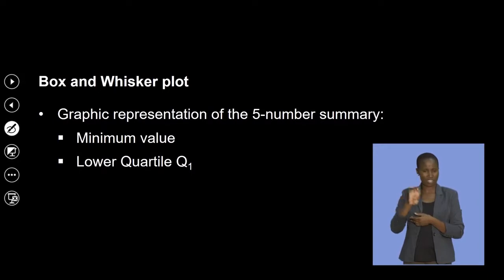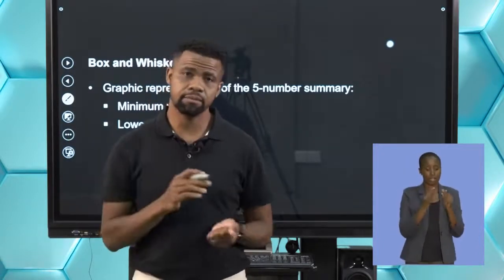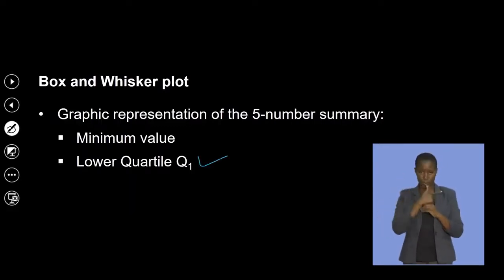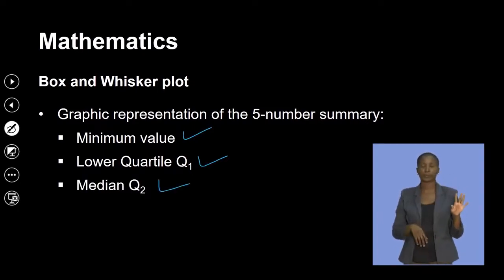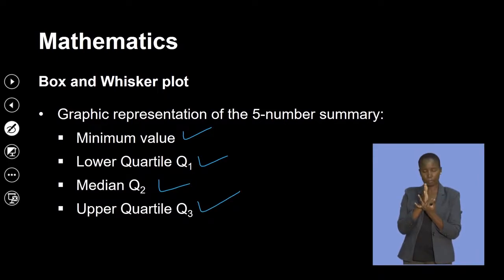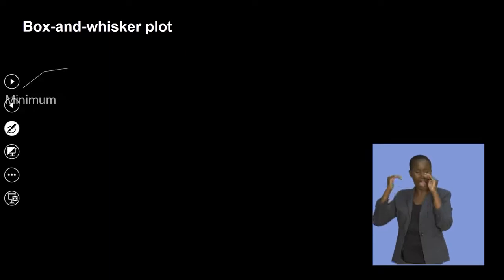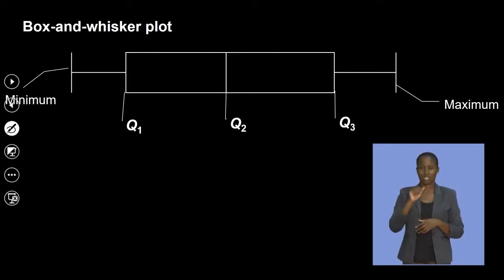The box and whisker is just a way of displaying the 5-number summary from the smallest to the highest number: the minimum value, Q1, the median, the middle one, the upper quartile, and the highest value. We've seen this before with the minimum value, Q1, Q3, and the maximum value. This is our whisker plot.